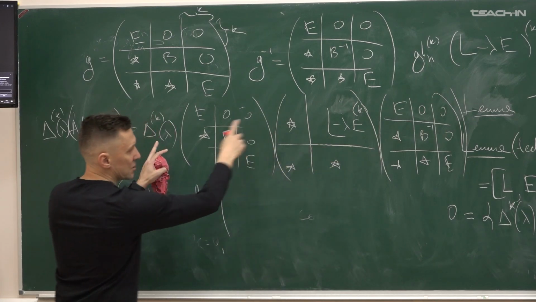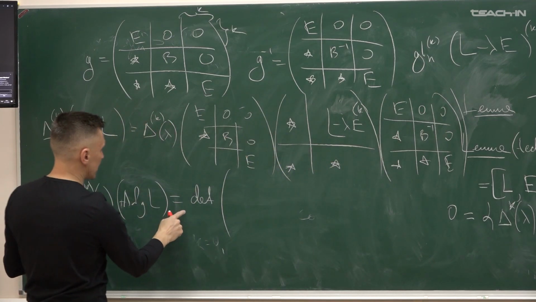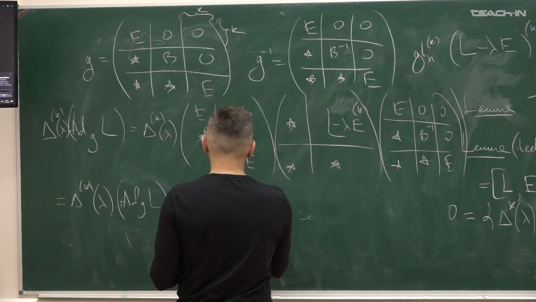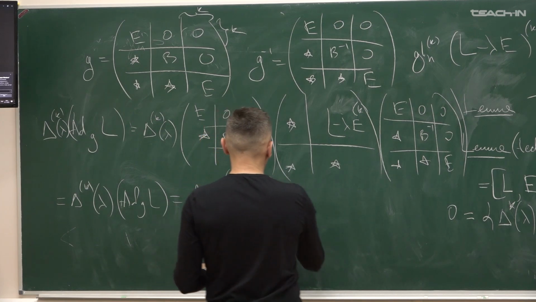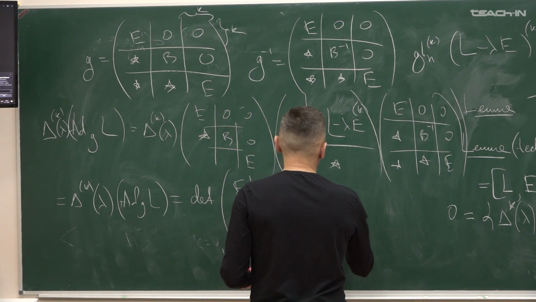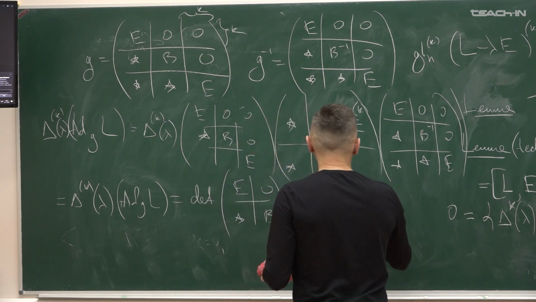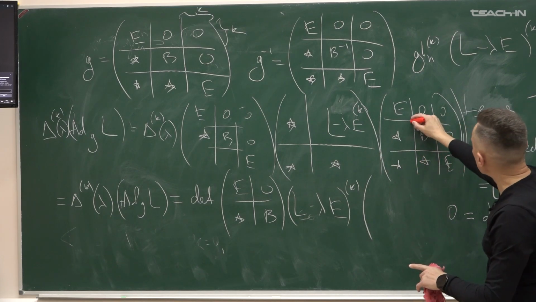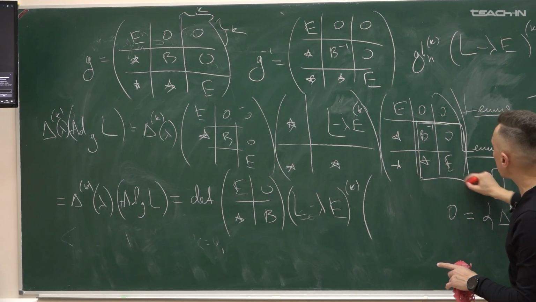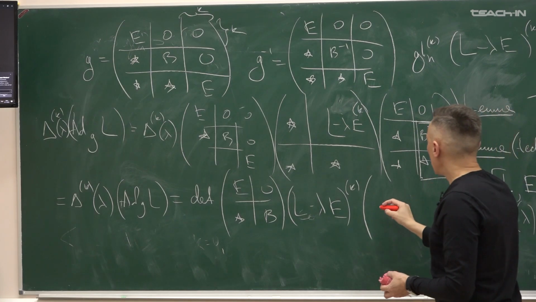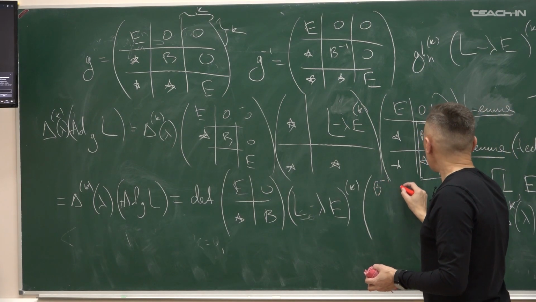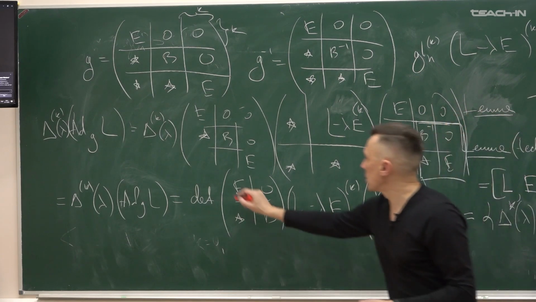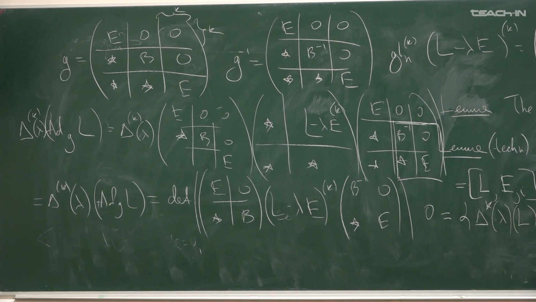So this formula is not very good due to this notation. So this is more correct: the determinant of E, 0, star, B times L minus lambda E K, and when we multiply by this matrix, only this square works, B minus 1, 0, star, E. Please verify the calculation.